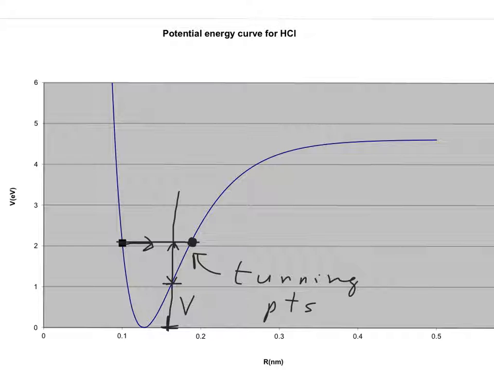So that distance that I've just indicated, that is T, kinetic energy. So as the molecule vibrates, potential energy is converted into kinetic energy, and then it has maximum kinetic energy at the equilibrium distance, and then it starts slowing down until it gets to the other turning point as kinetic energy is converted back into potential energy, and then it turns around and goes back.